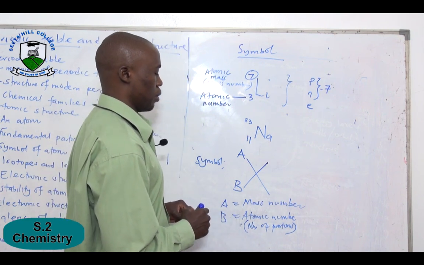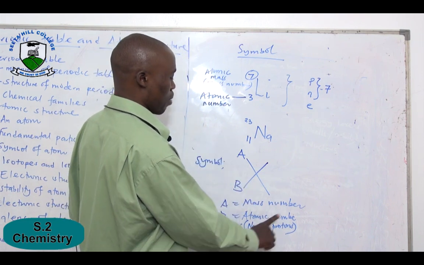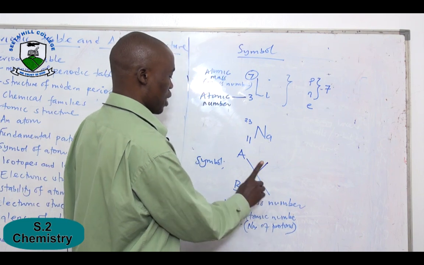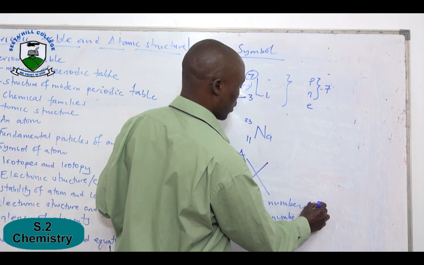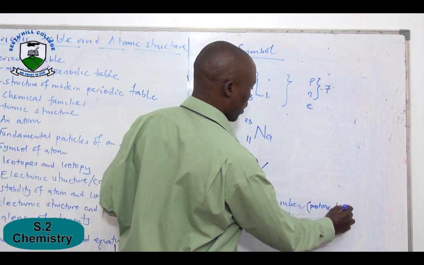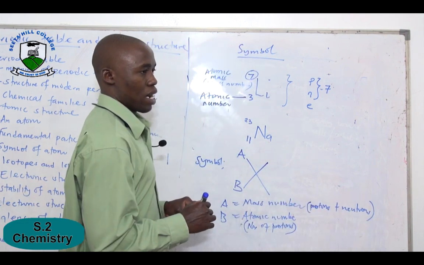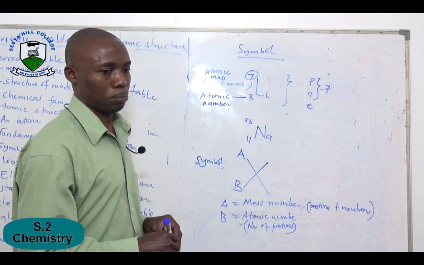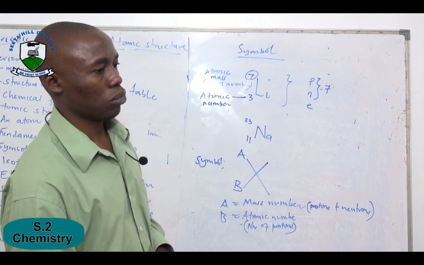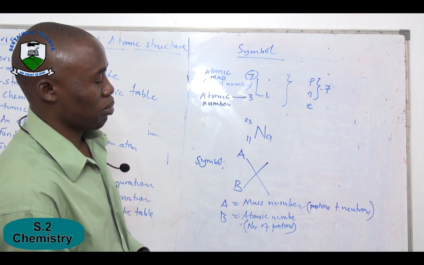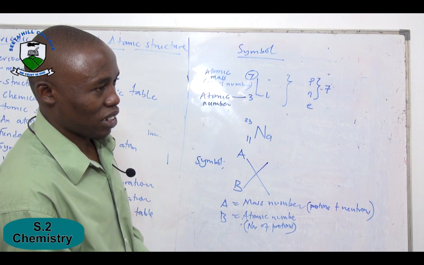Now listen. Let me ask. If B is the number of protons and A is protons plus neutrons, because they are the ones that determine the mass of the atom, now how do you get the number of neutrons?